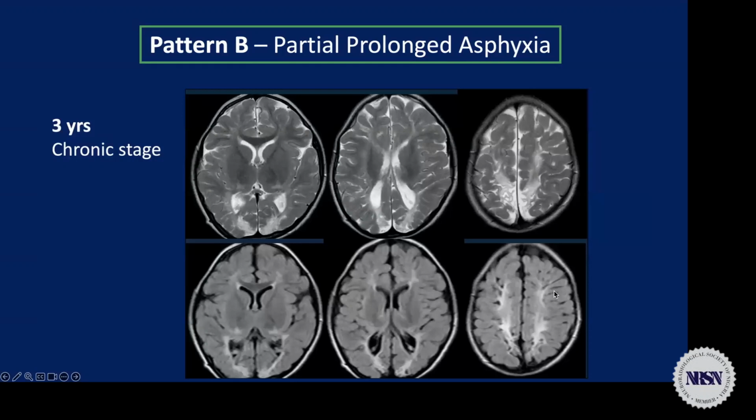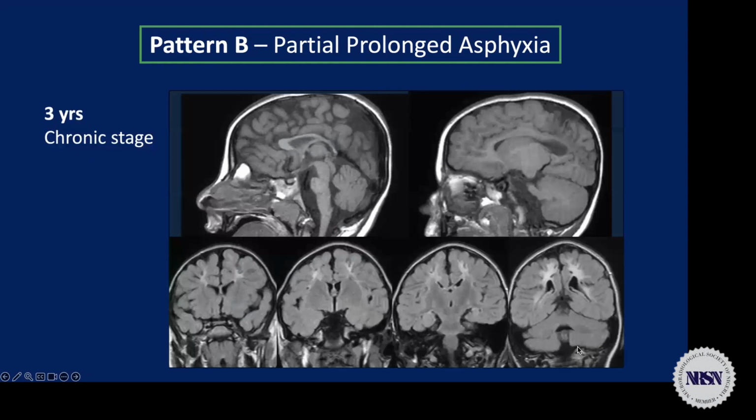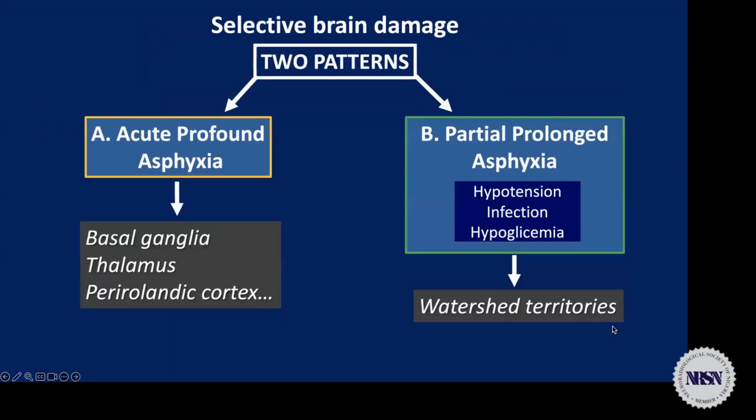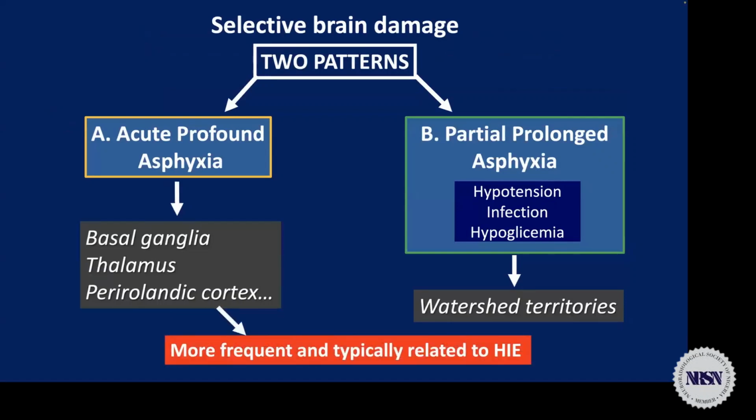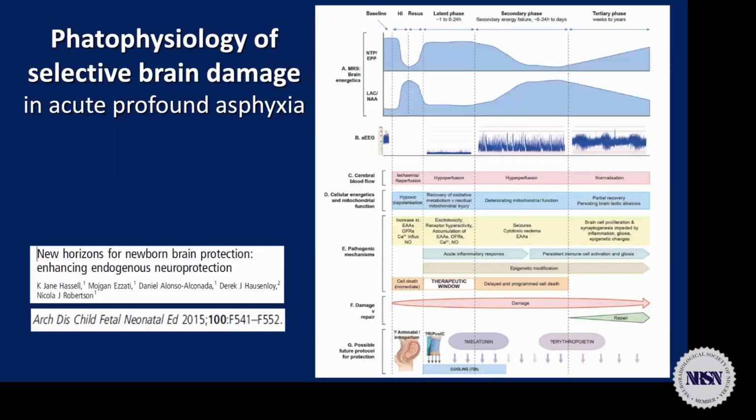And in the end stage, you can see the dramatic atrophy, the dramatic lesion, cystic lesion here at the level of the watershed territory bilaterally, and even in coronal section, these are clearly seen. But the more frequent and typically related to HIE is the model 1, so the acute profound asphyxia model.